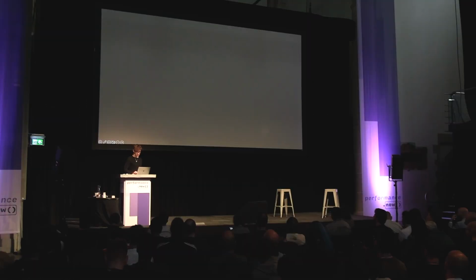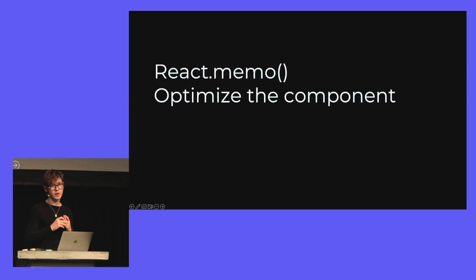Here's my mouse. So yeah, there are multiple things we can do here. We could wrap the components with React Memo, which would prevent them from rendering unnecessarily. We could optimize the component, maybe my node button component is expensive, and if I make it cheaper, it would make the whole render faster.